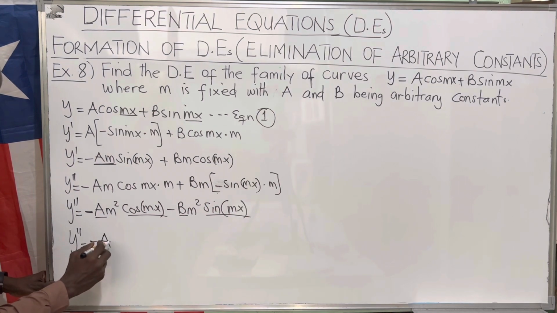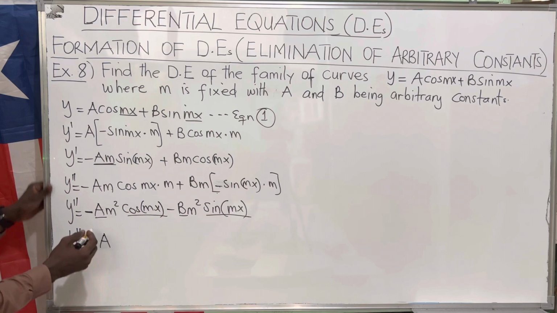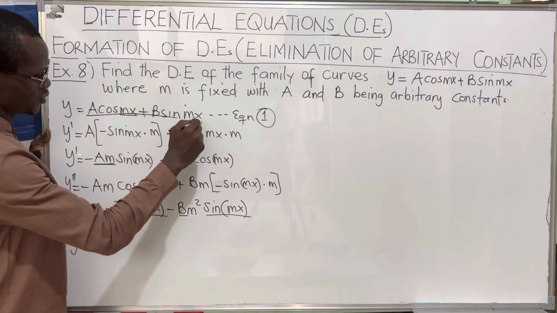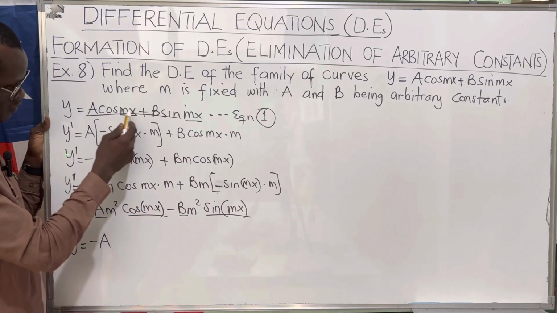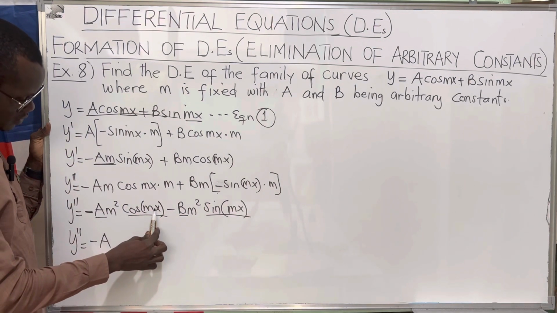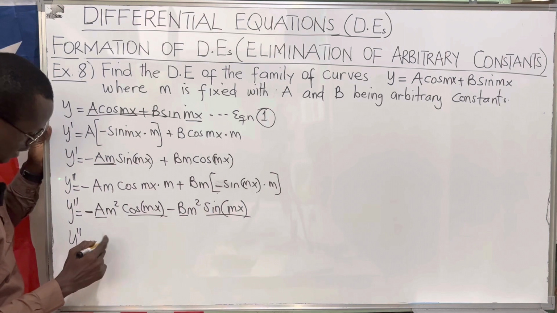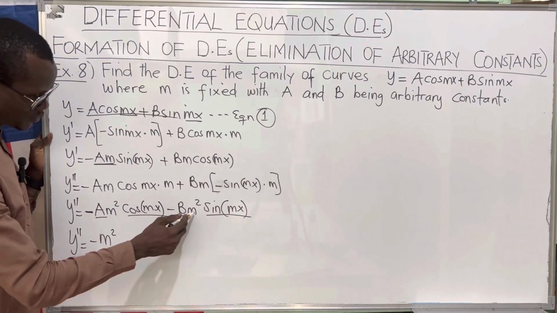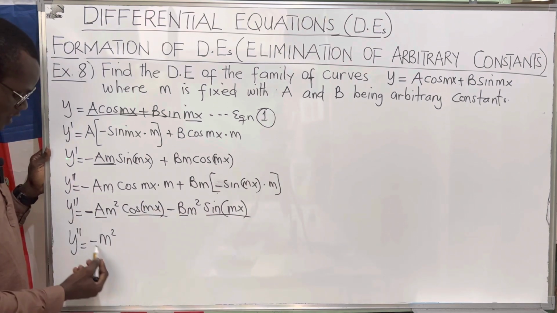Remember, we need this form, a cos of mx. So we just need to factor out negative m squared, because m squared is in both terms, and the negative is in both terms, so we can factor it out.